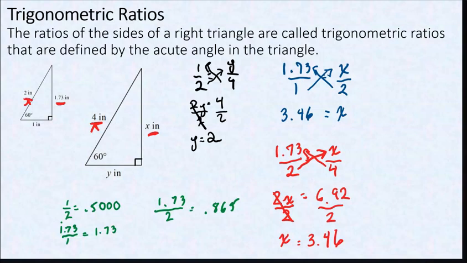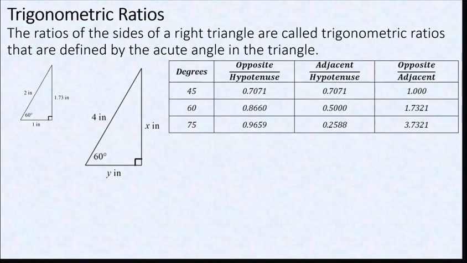So here's what has been done. Instead of walking around with a bunch of little triangles, somebody a long time ago took those ratios and put them in a table. How does that help? Well, now I don't need this triangle anymore to solve for these missing sides.